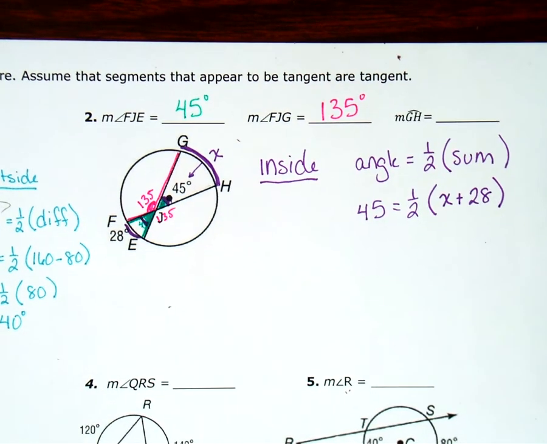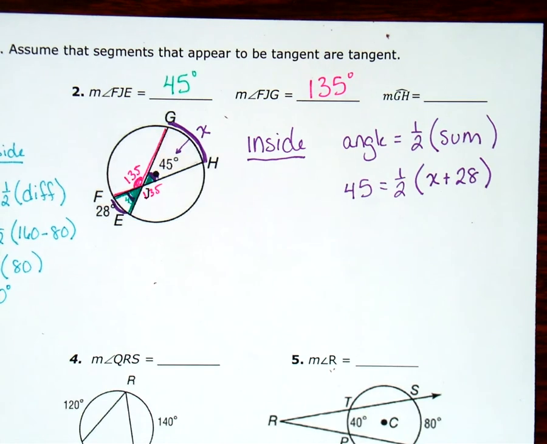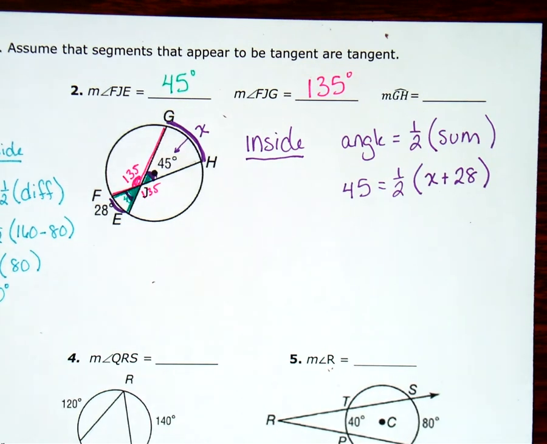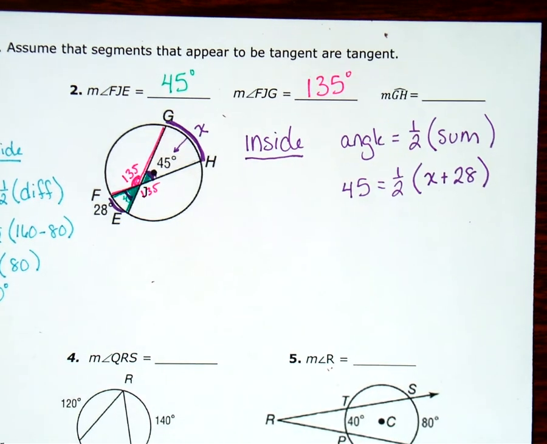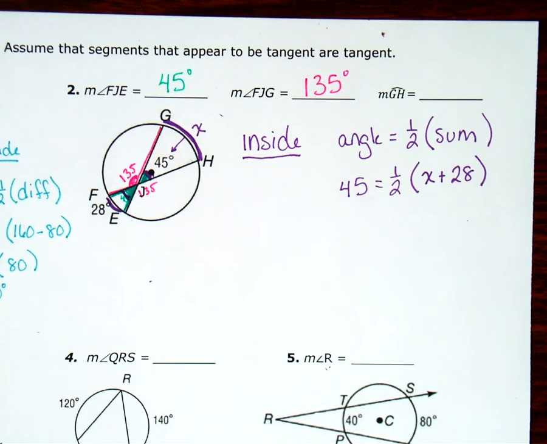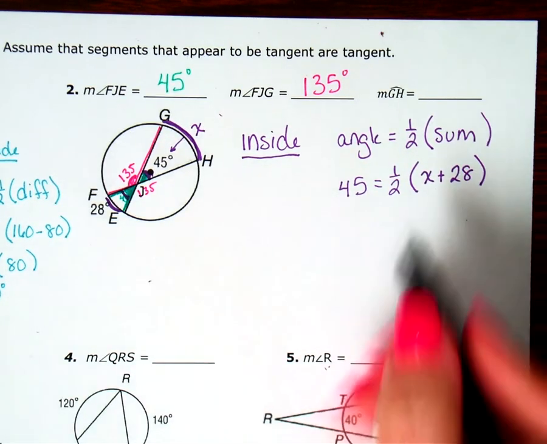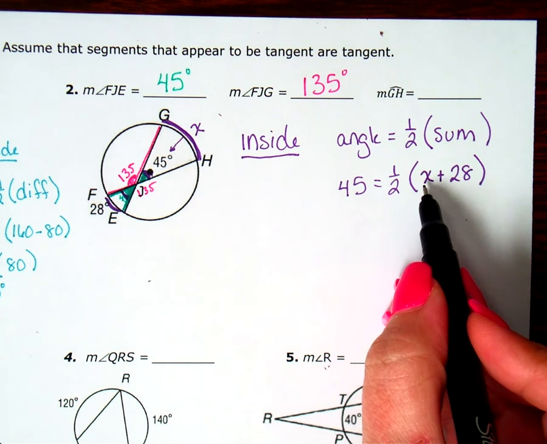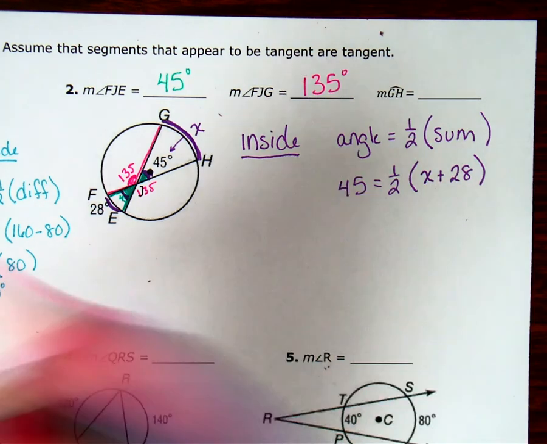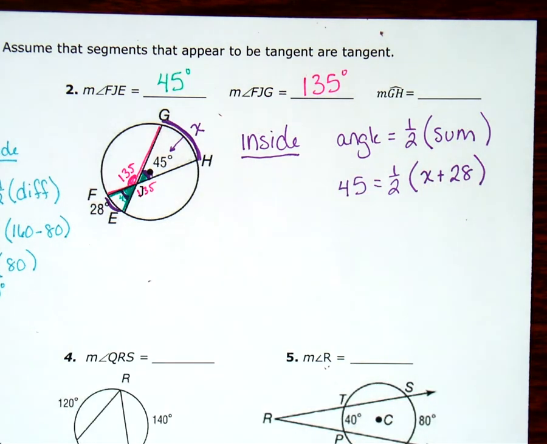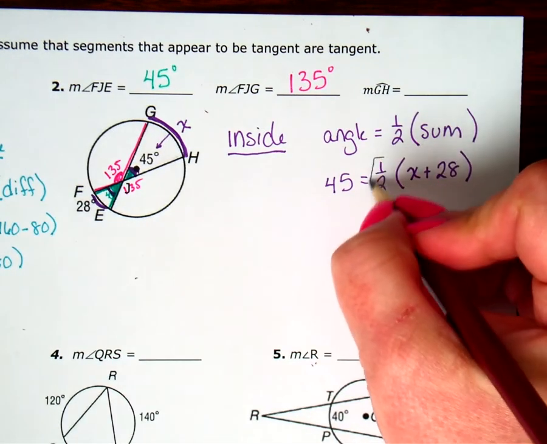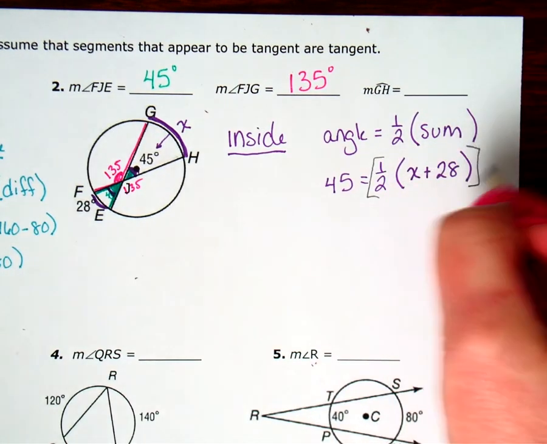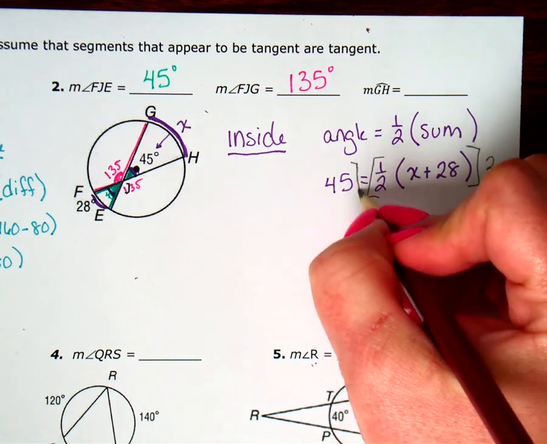Now there's a couple of things we can do. We can distribute that 1/2, or we can multiply by 2. Personally, I like to try to get rid of the fractions if I can. If I distribute the 1/2, I'm still going to have 1/2 X, and I'm still going to have a fraction. So to get rid of 1/2, I like to just multiply both sides by 2.